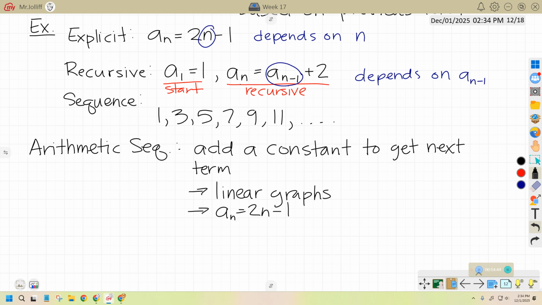That was an example of arithmetic. Zeroth term is -1. We add 2 to get to the next term. Good. What other type of sequence did you talk about in Math 1?